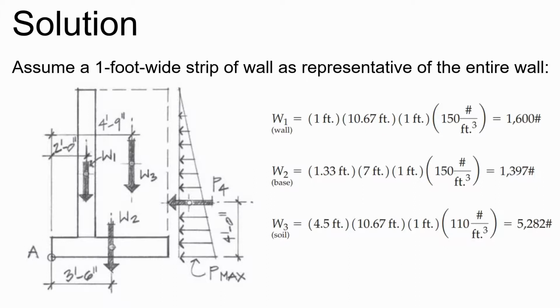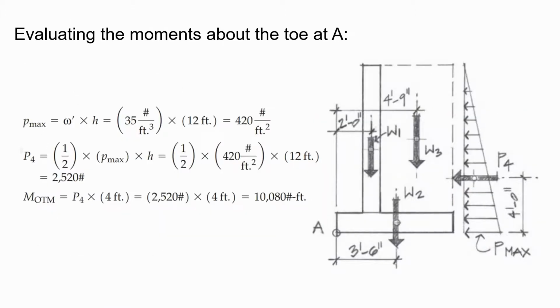Finally, the weight of the soil equals 4.5 feet times 10.67 feet times 1 foot times 110 pounds per cubic feet, or 5,282 pounds.